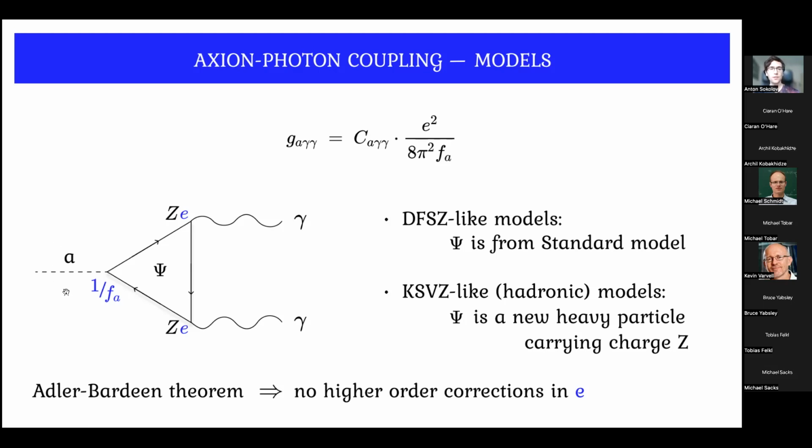So this is actually a non-perturbative result. Calculating this diagram, we see that the g gamma gamma coupling is e squared divided by the axion decay constant.